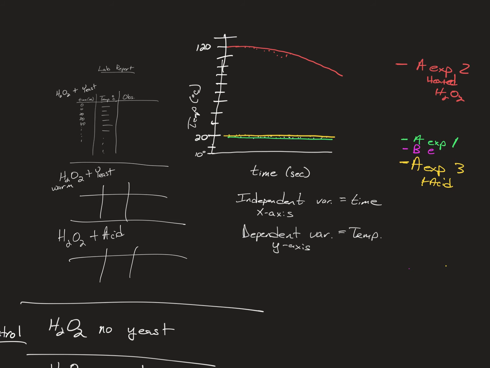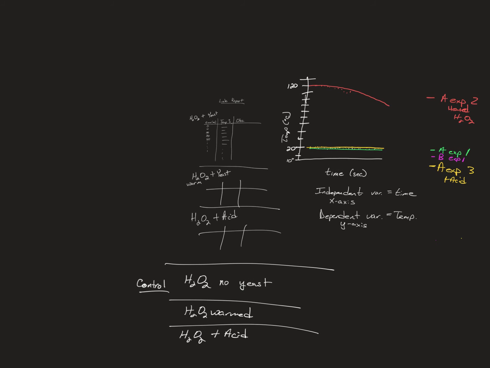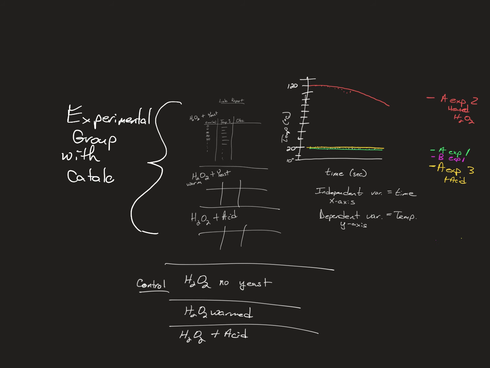Your experimental group for experiment 1. Your experimental groups are these, right? The ones you added yeast, because your question is with catalase, right? All right, so those are all 3 of these with the yeast.